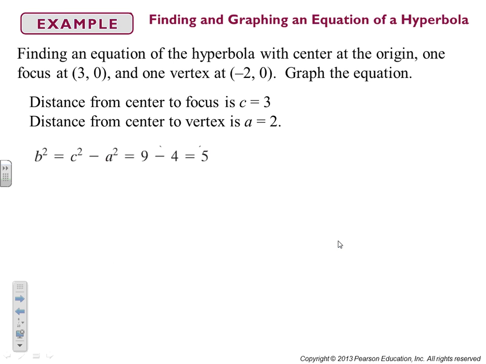Let's use those two items to find b so we can put the equation together. We have b squared equals c squared minus a squared, which is 3 squared minus 2 squared, which is 5. So my equation is x squared over a squared minus y squared over b squared.